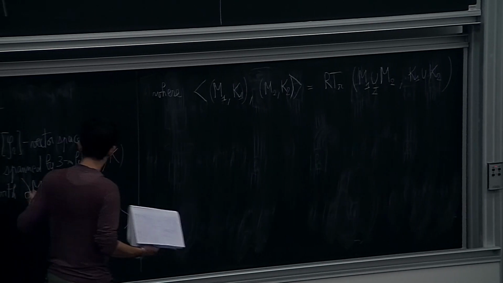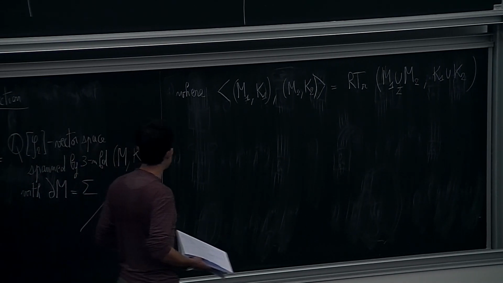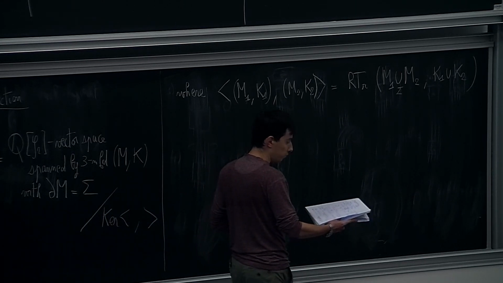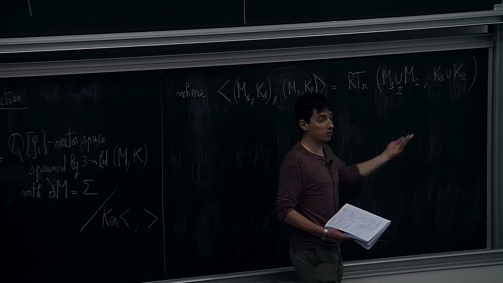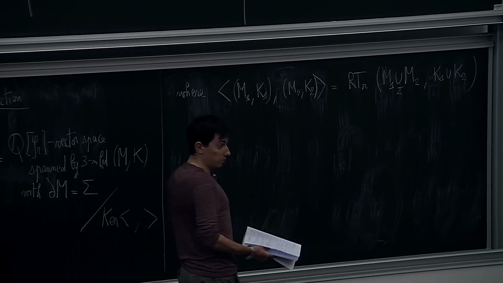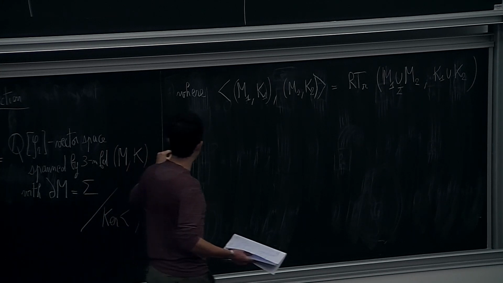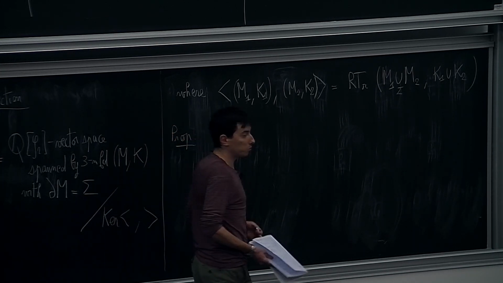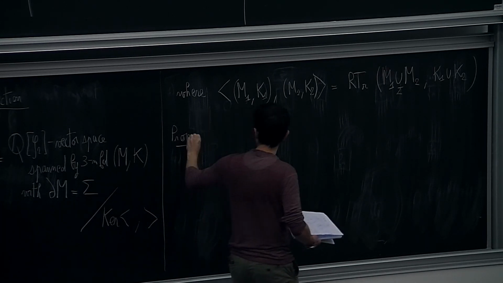Okay, so this is nice. I define a vector space. And you might wonder why this gives us a representation of the mapping class group. The fact that it does is purely formal, and does not really depend on the fact that I'm using the Reshetikhin-Turaev invariant.